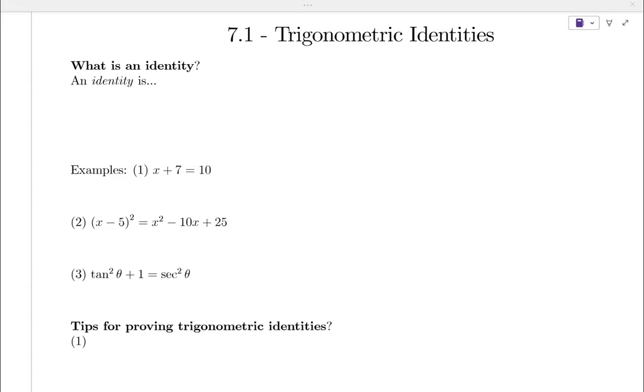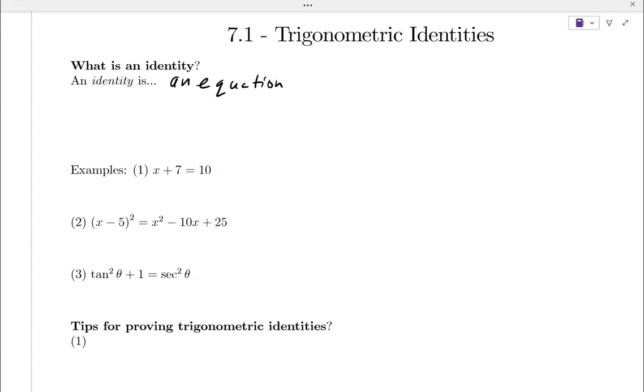So first, let's talk about what we mean by an identity. So an identity is an equation. First and foremost, it's an equation. Okay. Now, usually, when you are dealing with equations, you're looking at something like this first one, very simple type of equation, right?